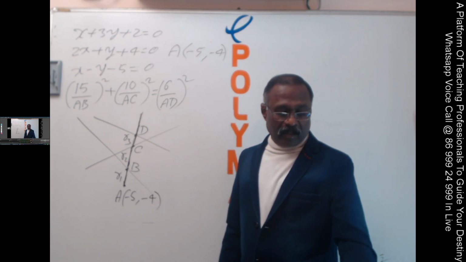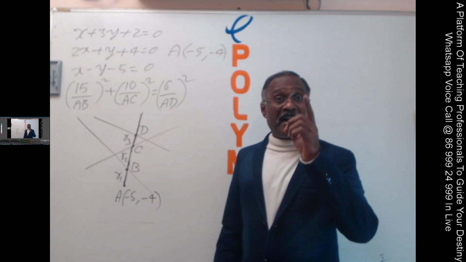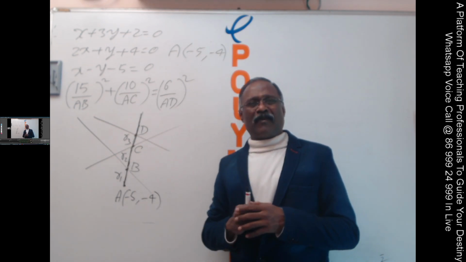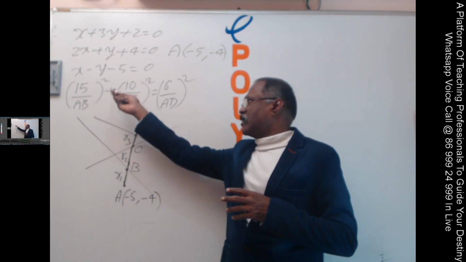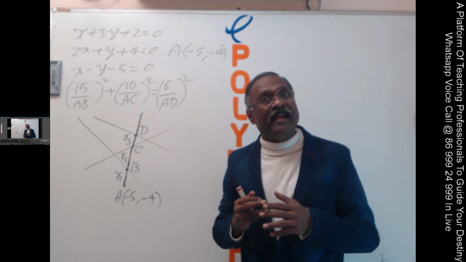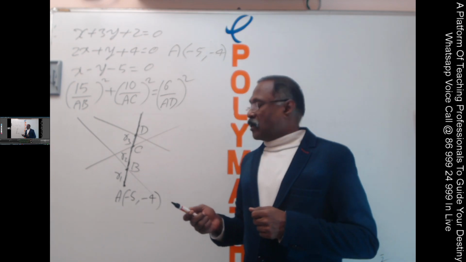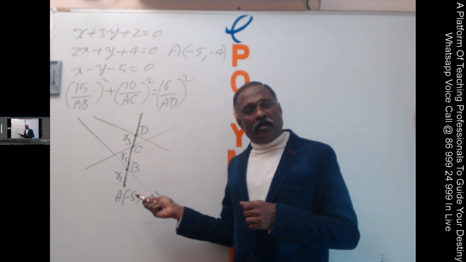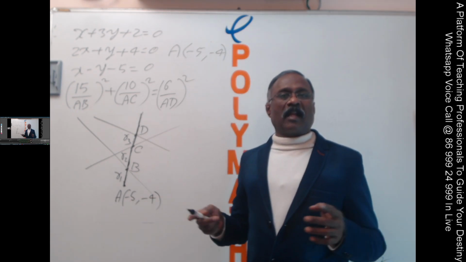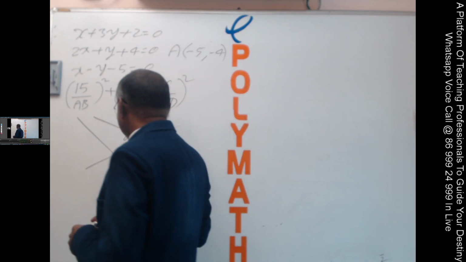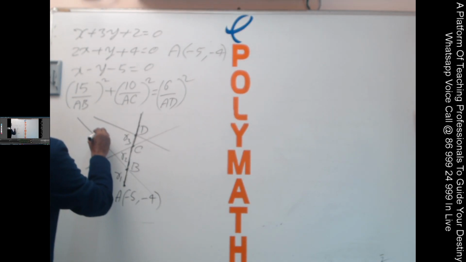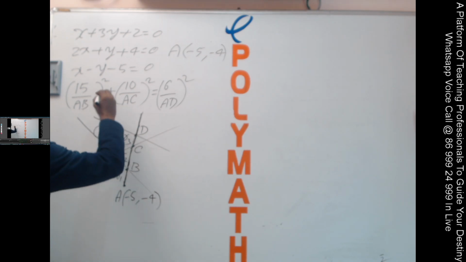To find out theta only, this condition is given. What is theta? Inclination. If you know the inclination, you will know the slope. Knowing the point and the slope, you can write the line equation. Now, let me say, this is line equation 1.